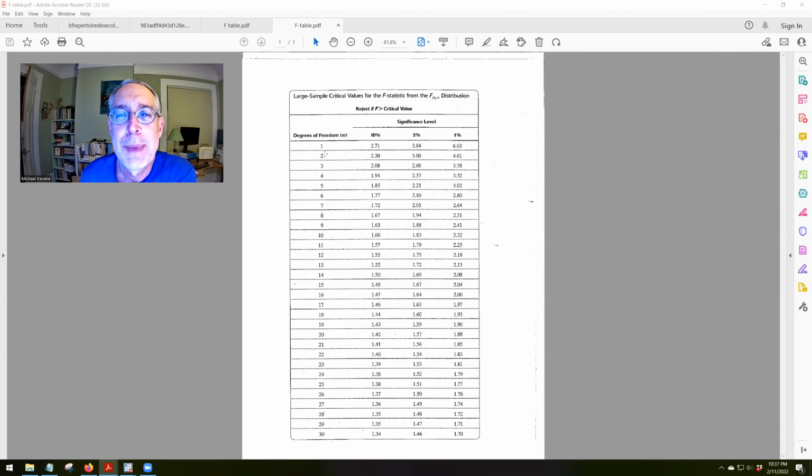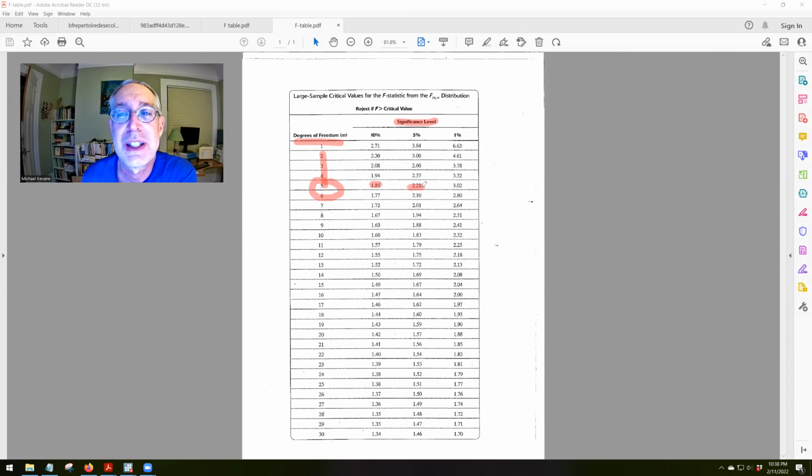So you look here on the degrees of freedom column, and these numbers are the number of restrictions in your hypothesis test. So if you have 5 restrictions, that is if you have 5 coefficients and you're interested in knowing whether all 5 of them are equal to 0, if your significance level is 10%, then your critical F value would be 1.85.